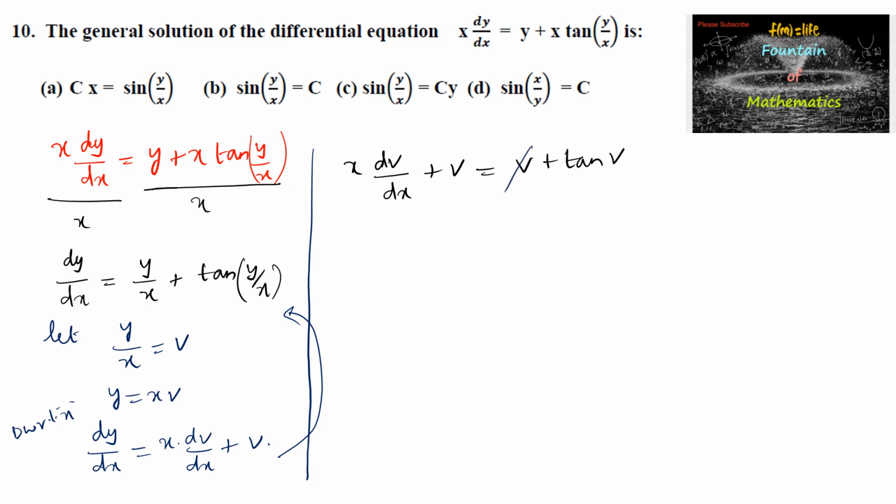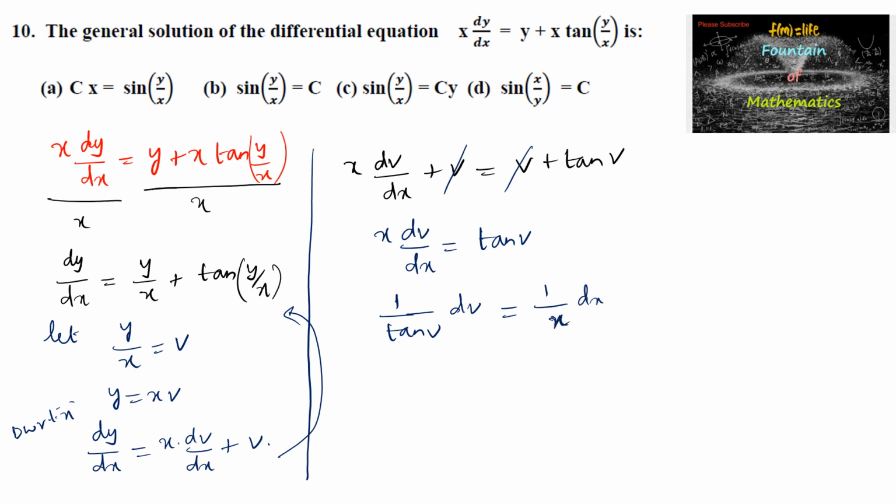So we can cancel v and v on both the sides, and here x into dv by dx is equal to tan v, or we can also write 1 upon tan v dv is equal to 1 upon x dx.